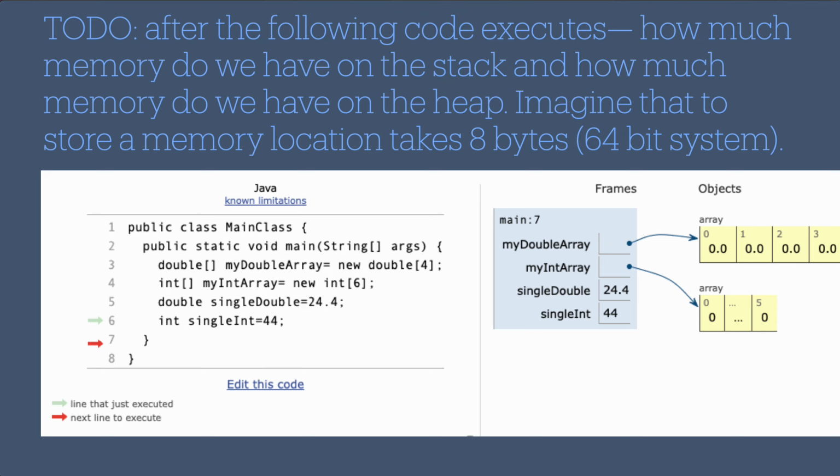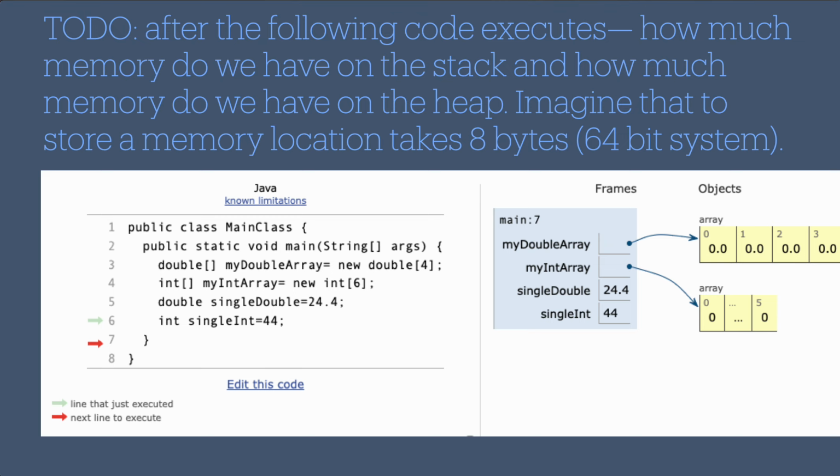There's 8 bits per byte, so 8 times 8 is 64-bit system, which means every memory address is 64 ones and zeros. Okay. And when I say how much memory do we have on the stack and how much memory do we have on the heap, you can do it in terms of bytes, okay? And so you might think that, well, the stack has a double, an integer, and then these two reference variables, right?